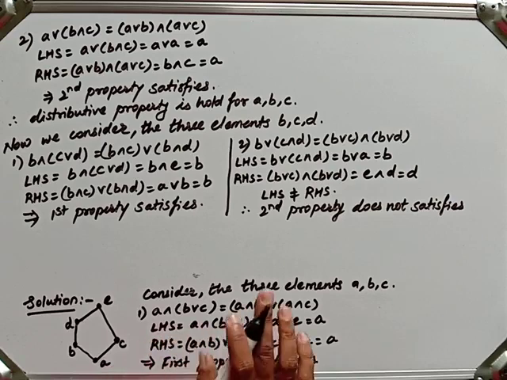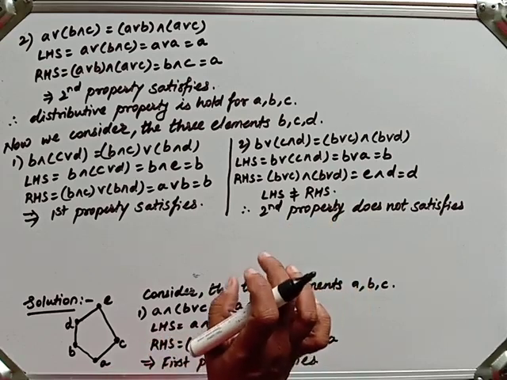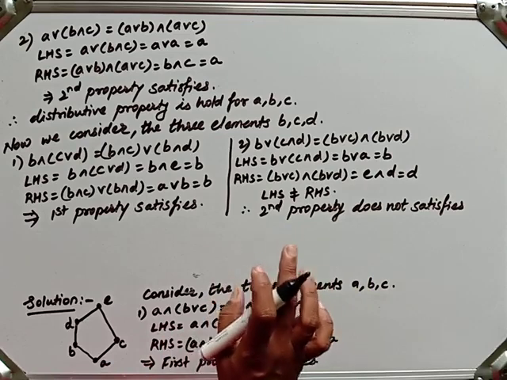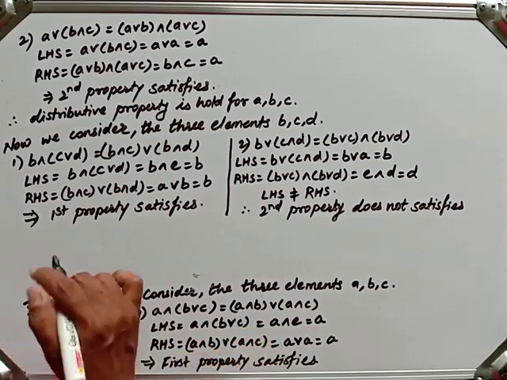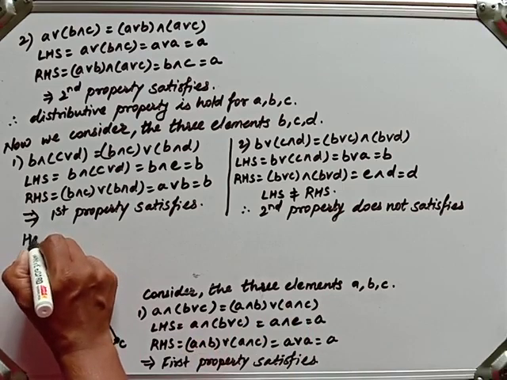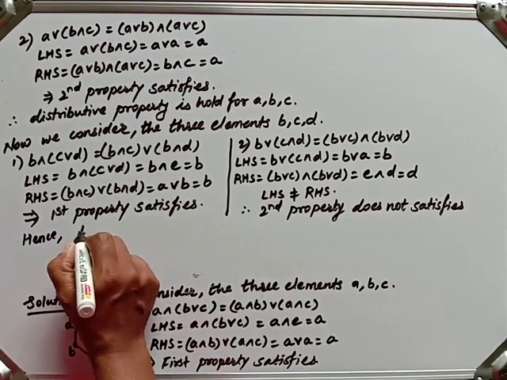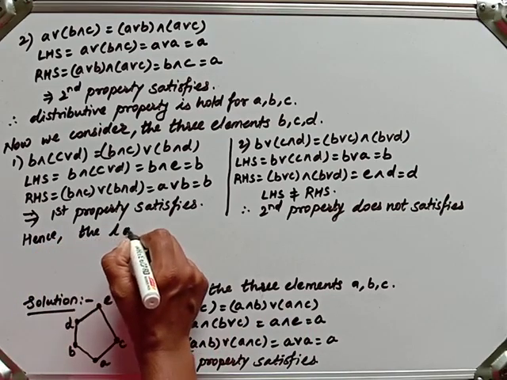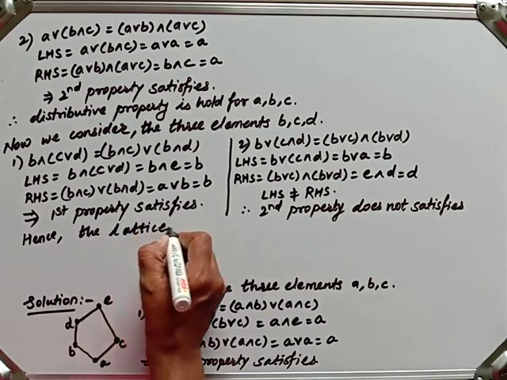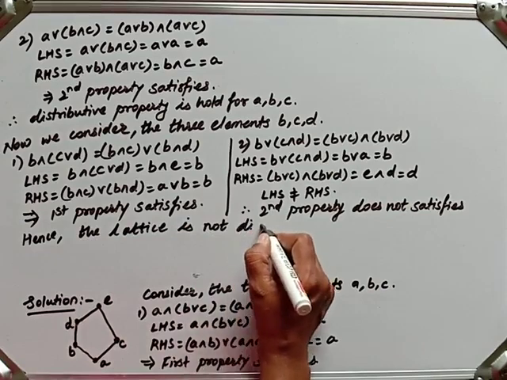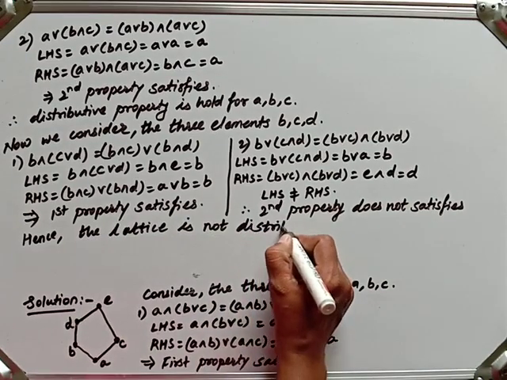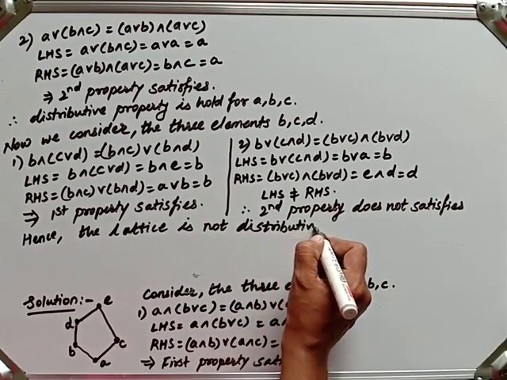Hence, if we are able to find at least one triplet for which the distributive property does not hold, then we can say the lattice is not distributive. So what can I write here as the answer? Hence the lattice is not distributive.